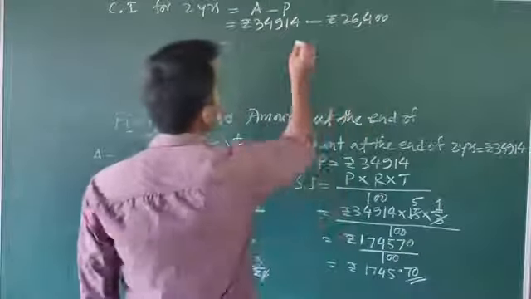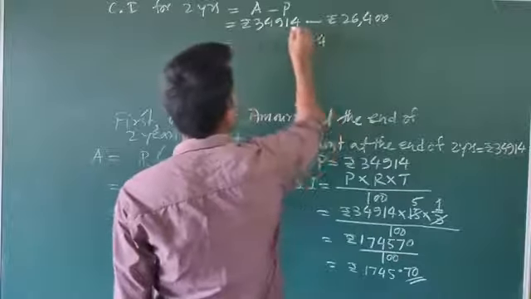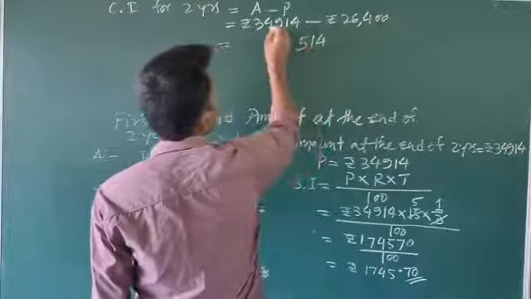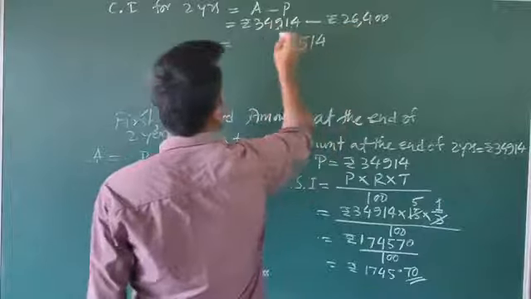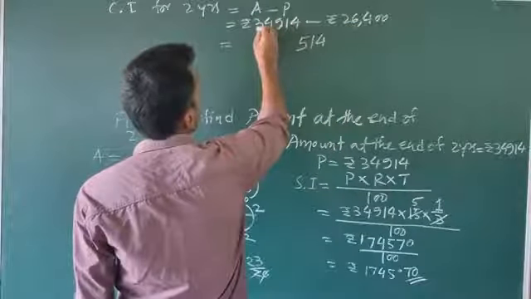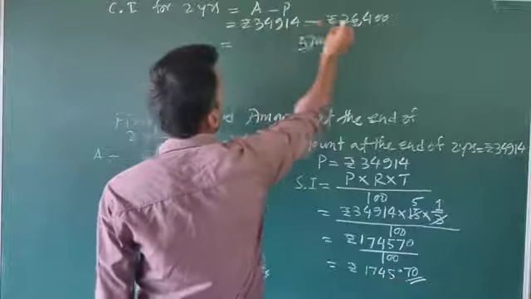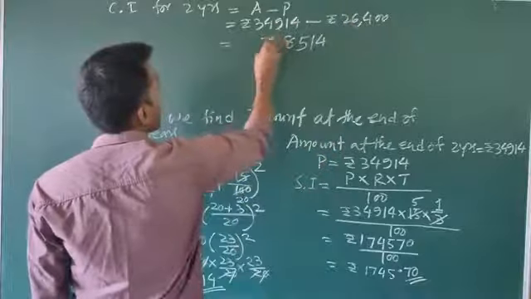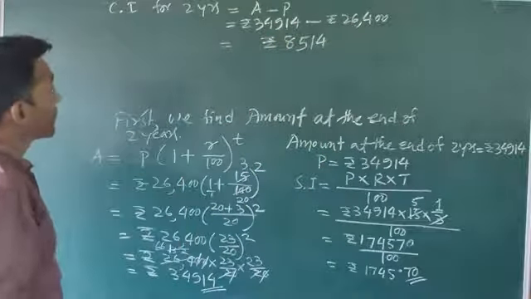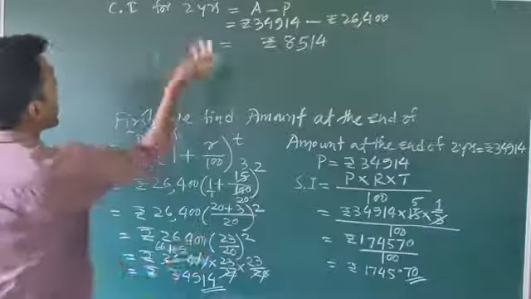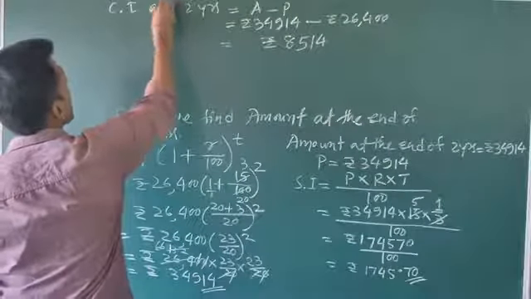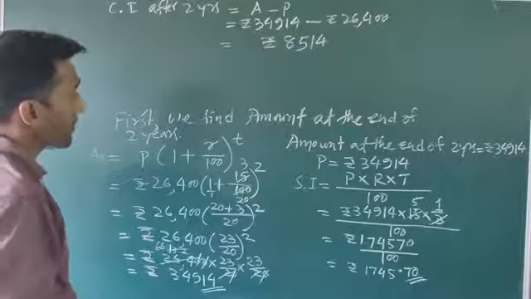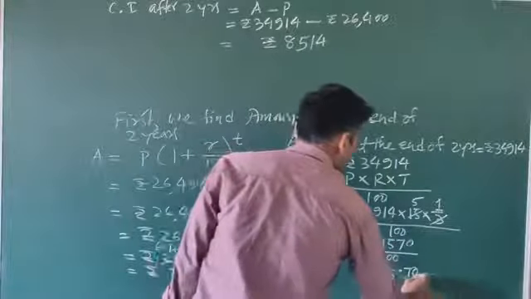Now subtract: 4 minus 0 is 4, 1 minus 0 is 1, 9 minus 4 is 5. Next, 4 is less than 6, so carry 1 to make 14, and 14 minus 6 is 8. Then 2 minus 2 is 0. So the interest for 2 years is 8,514.